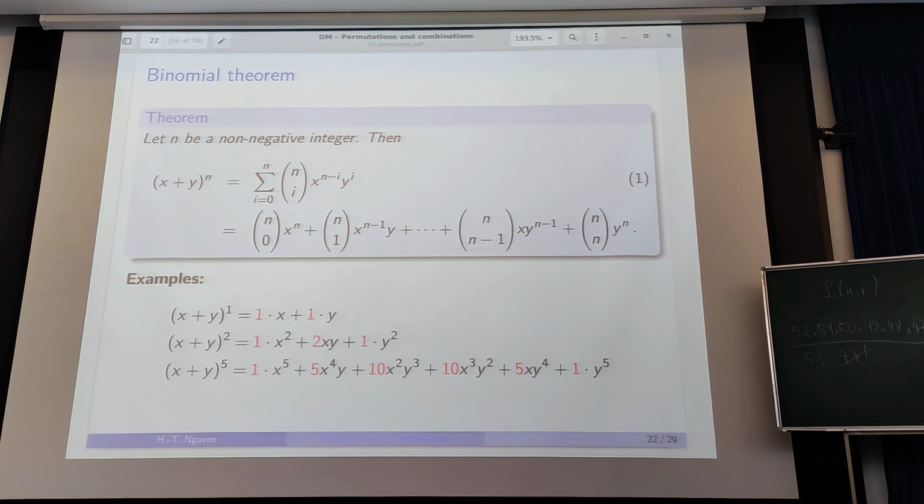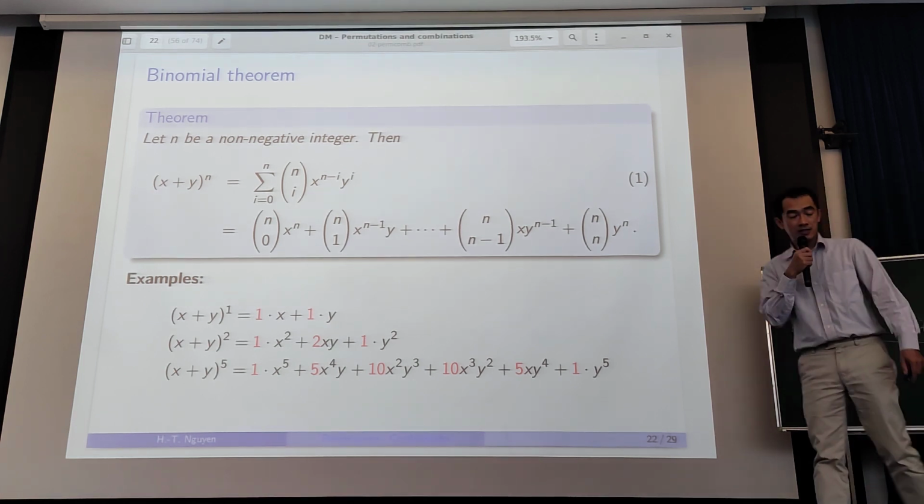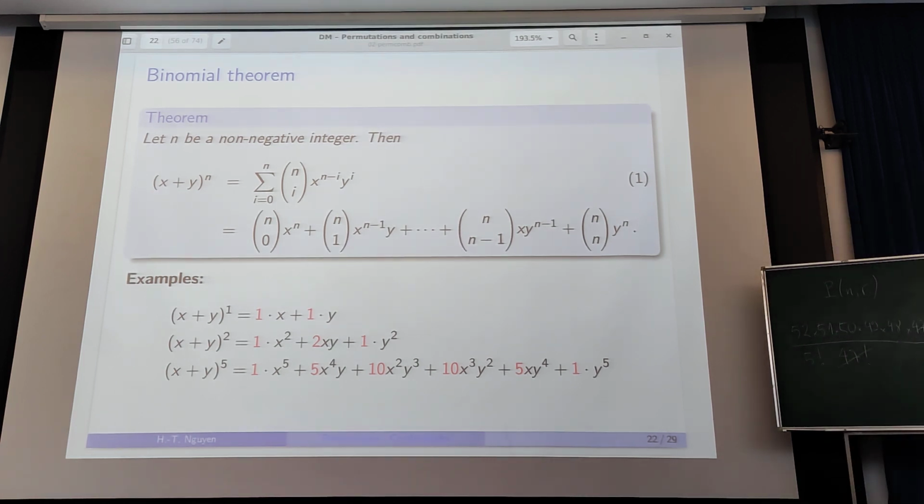Okay? And you know that for any set, there is one and only one subset of 0 elements, which is the empty set. And similarly, there is one and only one subset with every element, which is the big set itself. Okay? So the first and the last coefficients are always 1. And you can clearly see here.